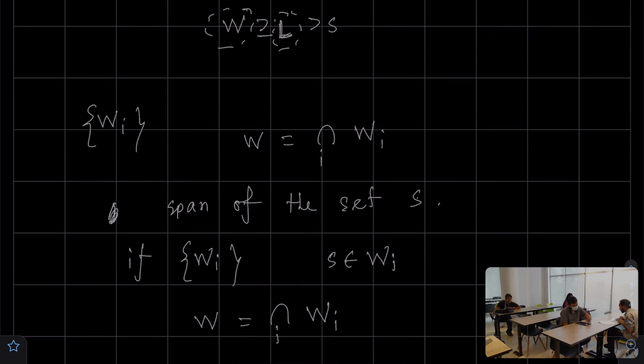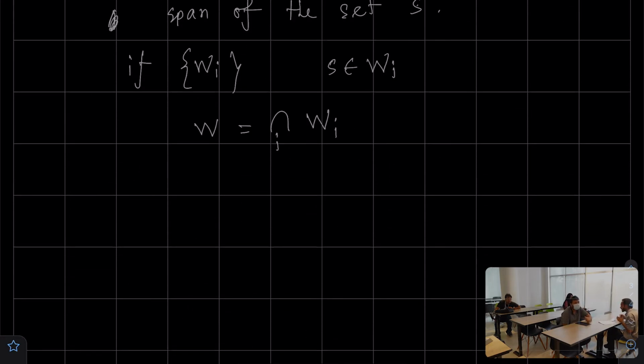So then what is the definition of span? You have to take the intersection of all the subspaces, right? So we already know that W will be a subspace of W intersection L, right? Isn't it?